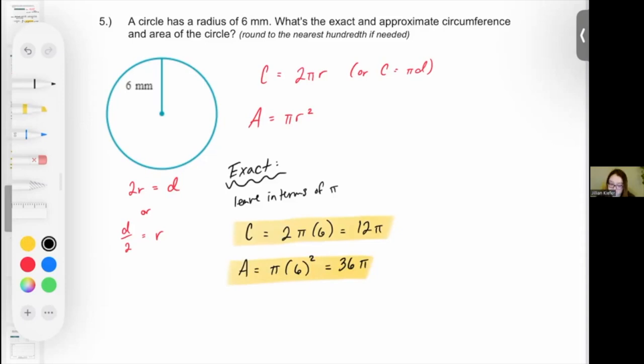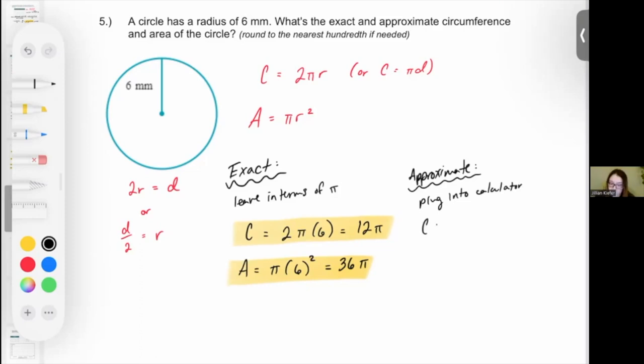Now, with approximate, it means we are going to actually plug this into our calculator and solve. So approximate values are what we actually plug into calculators.